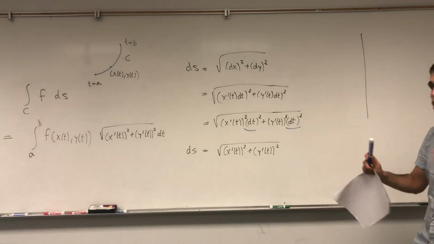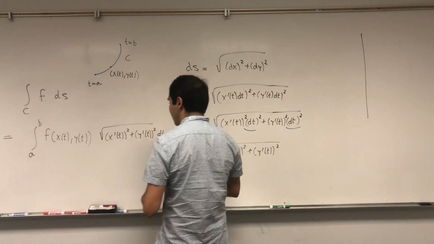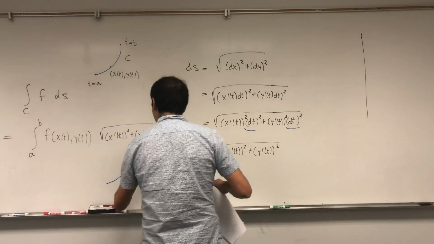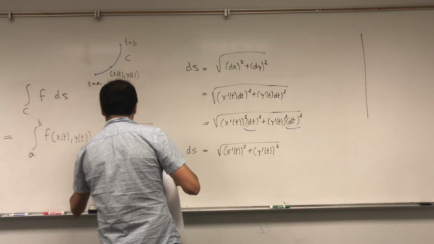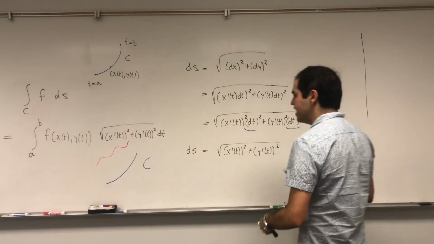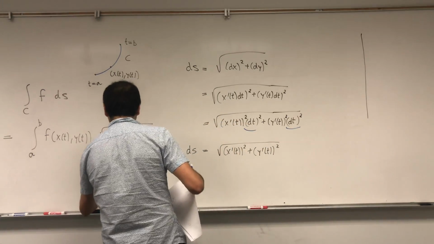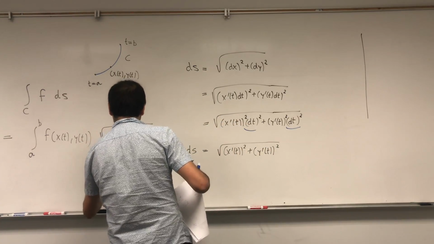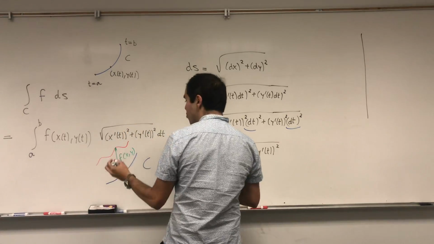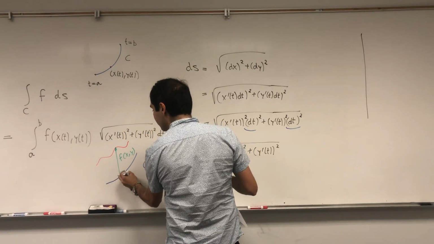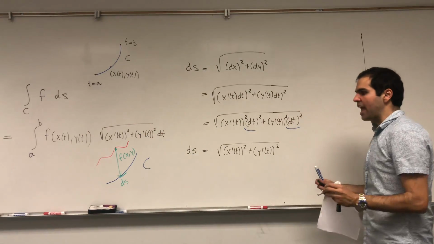And again, geometrically, what is happening is you want the area of the fence over C and under f. The height is f of x comma y at that point, and the width in this case is not dx, but this little ds, this little change in the diagonal.